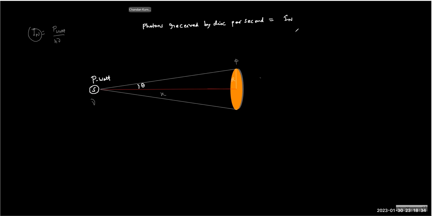Out of the number of photons emitted, all photons within this angle will reach there, right? Yes, sir.